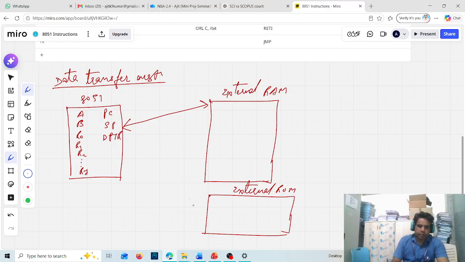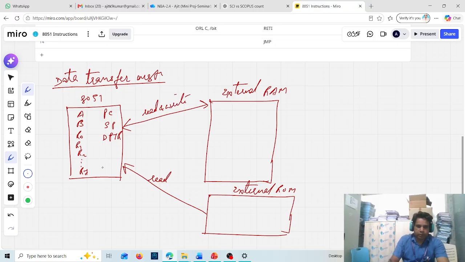We can also transfer data from ROM to the microcontroller. Here we can only do a read operation, so it is one way. Here we can do read and write both, so the data transfer will be in both directions.